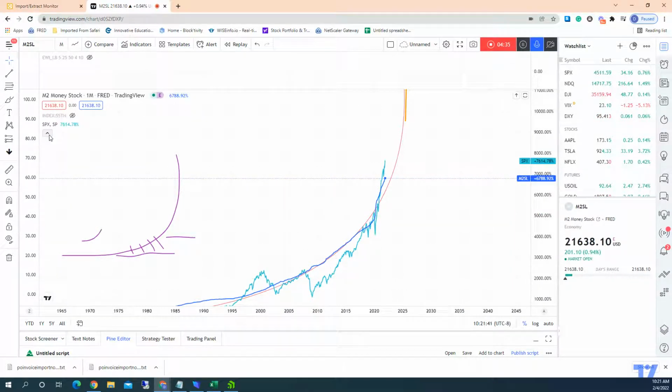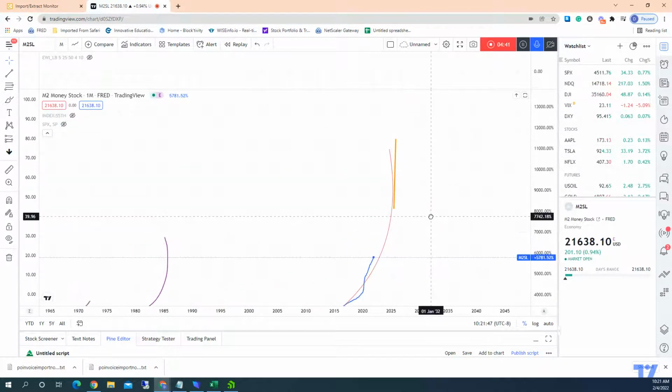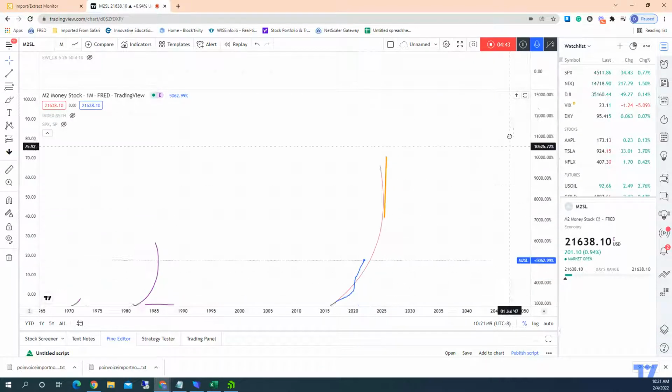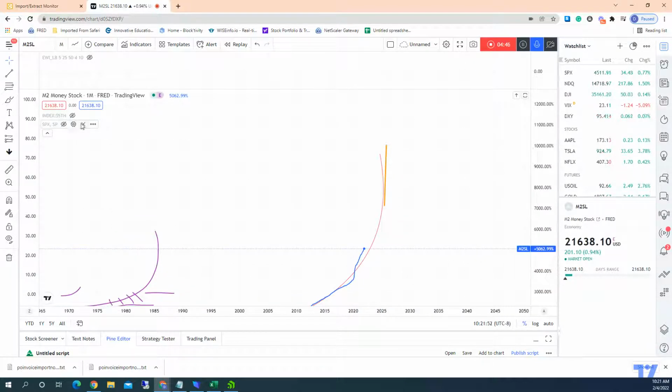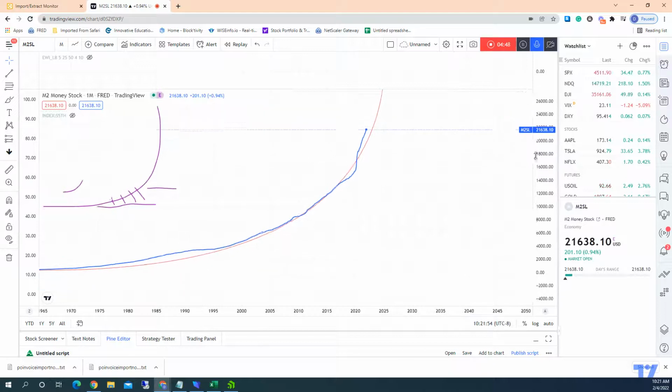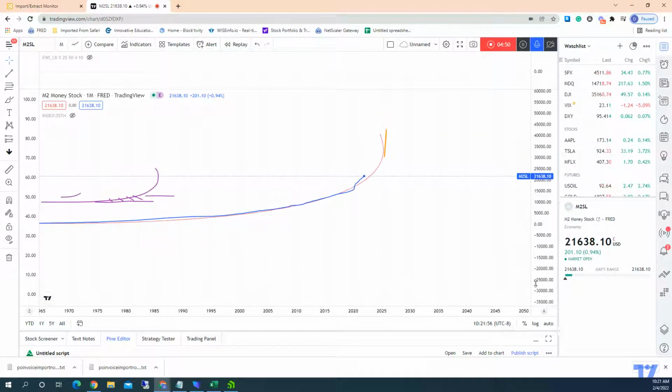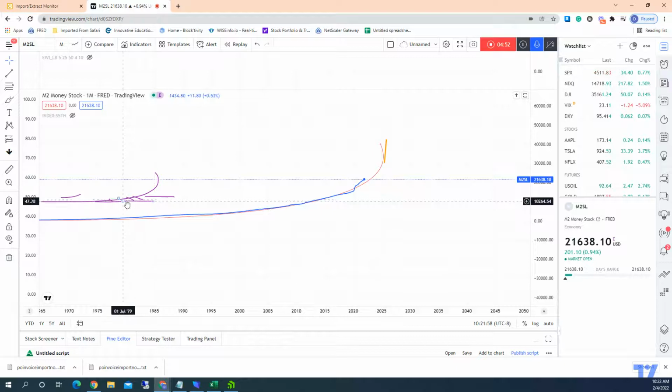If I remove, let me try and remove this to give you a better idea. I can't move it when it's like that, where I can't crush it down because I have the S&P 500 on here. So if I was to crush this down, see, this is like the equivalent of what I was talking about back here.